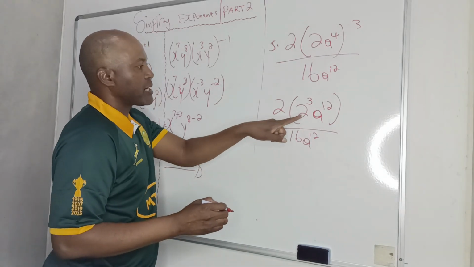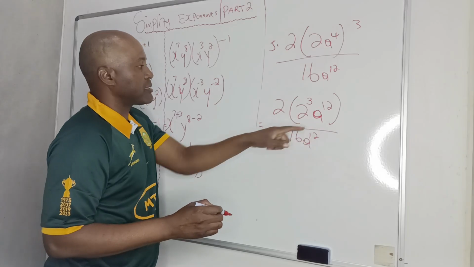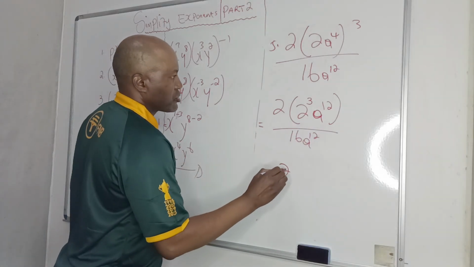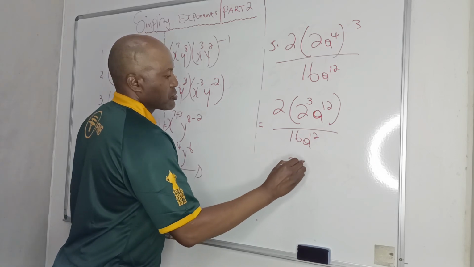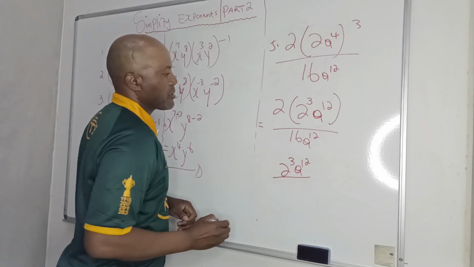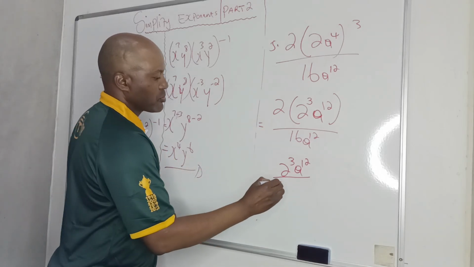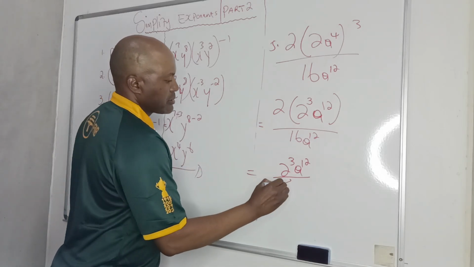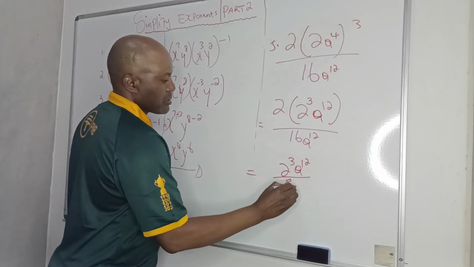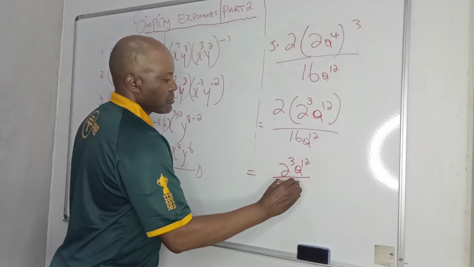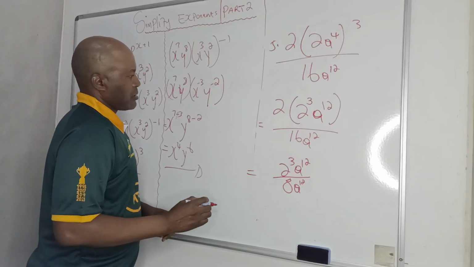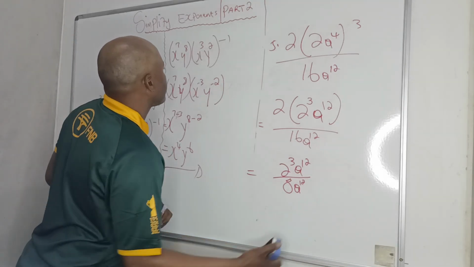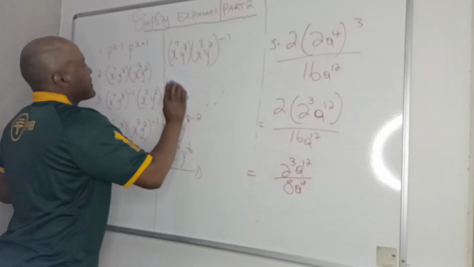Then we get 2 raised to 3, a raised to 12, all over 8, a raised to 12.